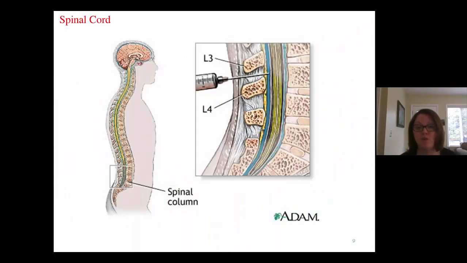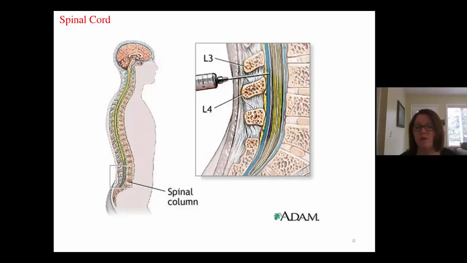In this picture here, we can actually see a lumbar puncture being performed. If you notice, they're inserting the needle between the spinous processes of lumbar vertebra 3 and lumbar vertebra 4. And when they do a lumbar puncture, they generally go in below the level of L2. That's because, if you remember, I said the spinal cord ended at around L1, L2.